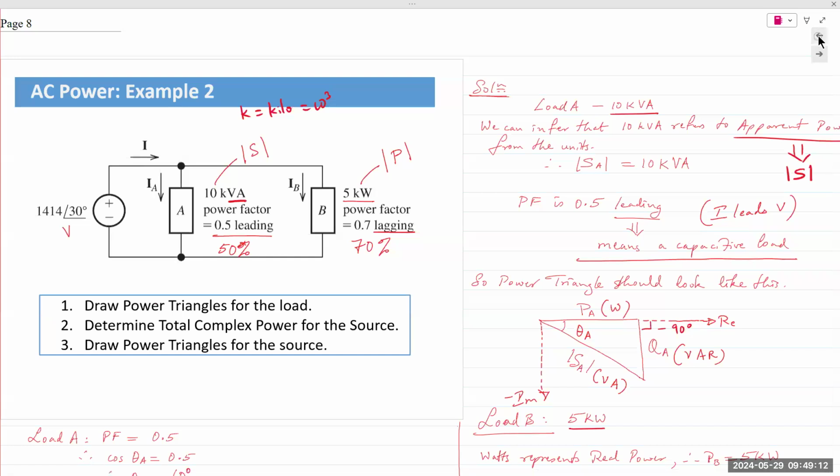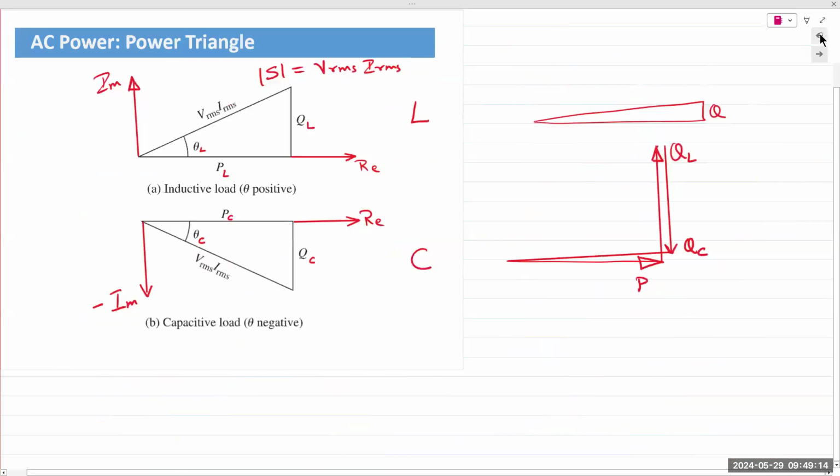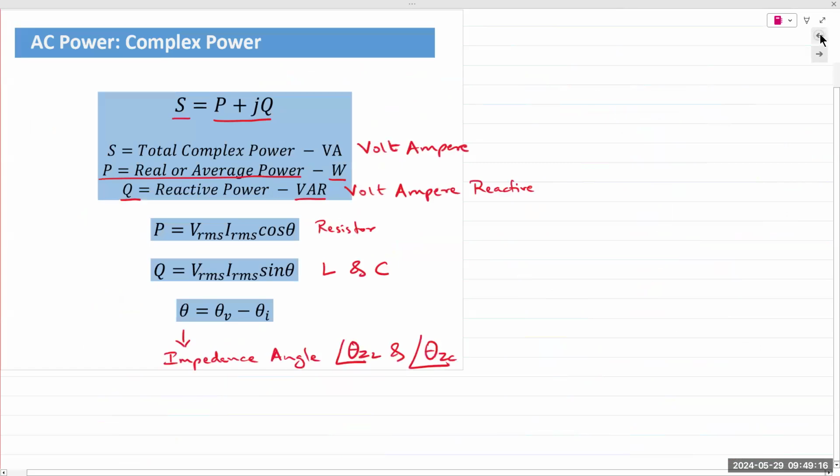And the units are basically from real power or average power. P is watts here. Reactive power is VAR, volt ampere reactive. And the total complex power S is VA, volt ampere. Magnitude of S, of course, because it's the same quantity, the units do not change. Magnitude of S is still VA.